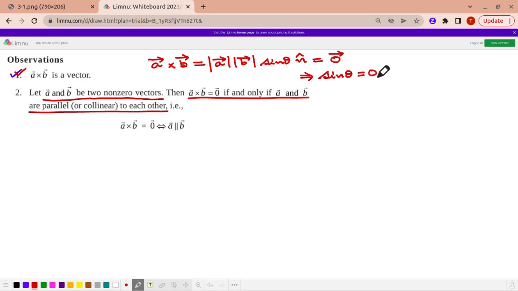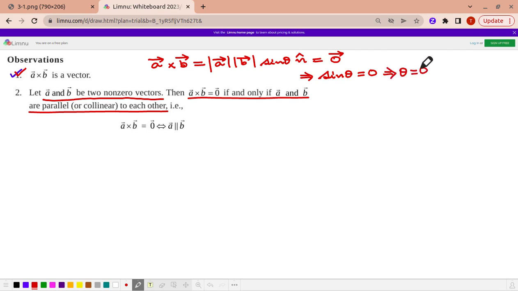Now, sin theta equal to 0 means what? Now, A and B are parallel. When two vectors are parallel, then the angle between them is 0. What is theta? Theta is the angle between the vectors A and B. Now, when you say sin theta equal to 0, that means here I can say theta equal to 0.